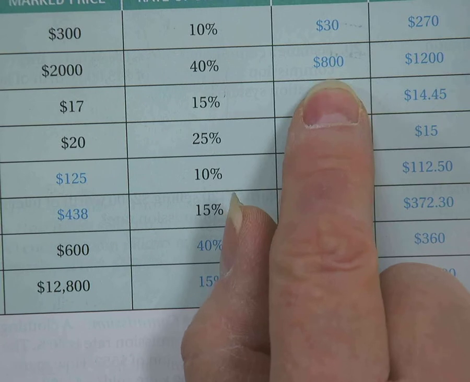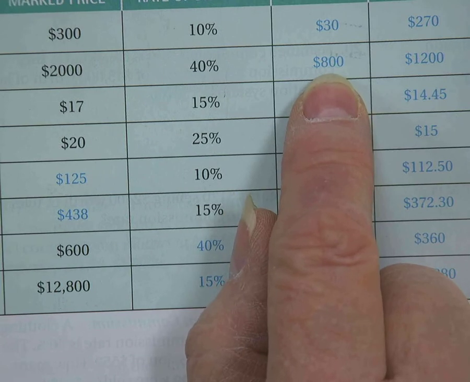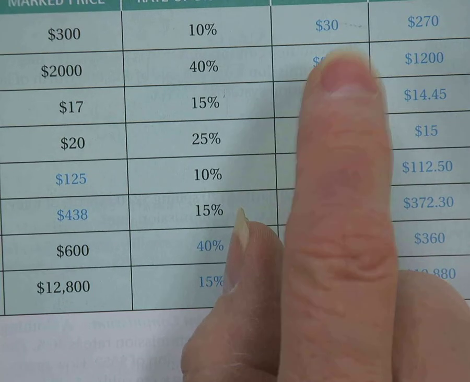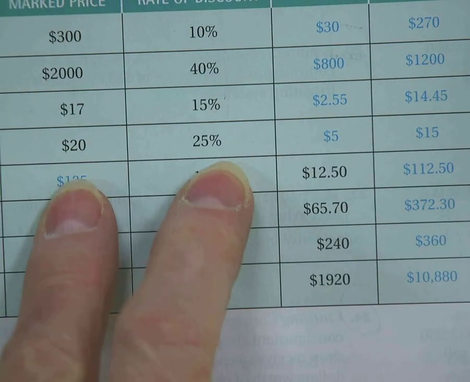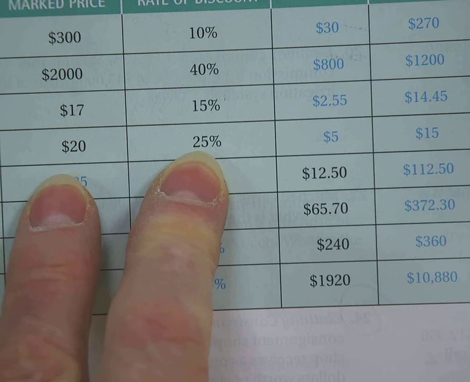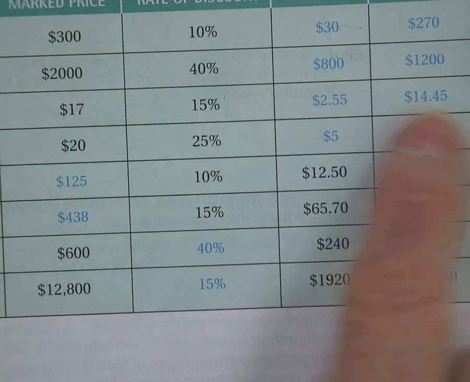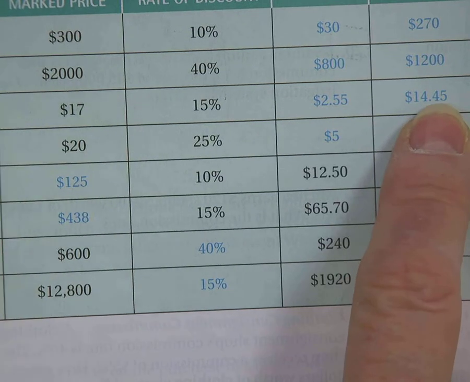That would be your discount. Okay? Subtract that, you get your sale price. So if you know these two, it's easy to figure out what the discount is, and then subtract it, you know your sale price, right?